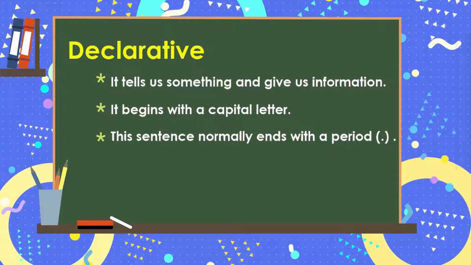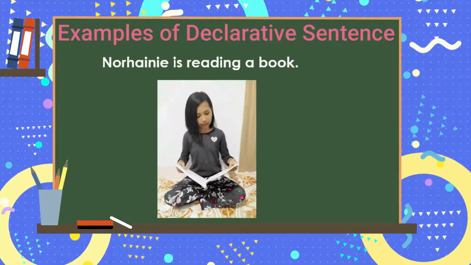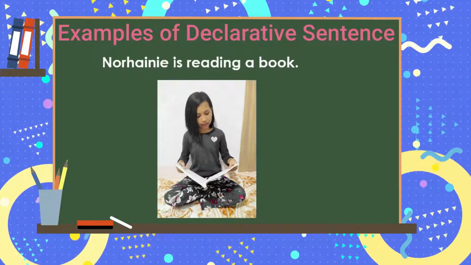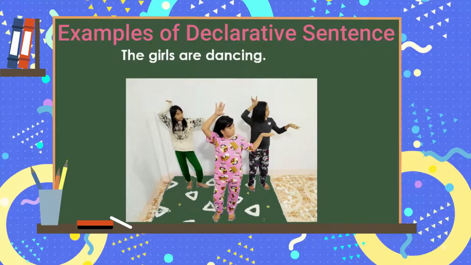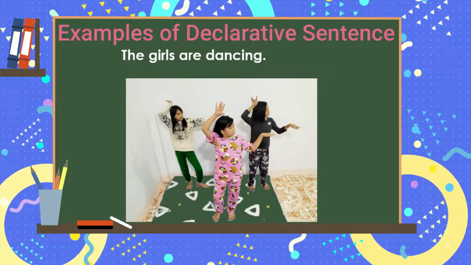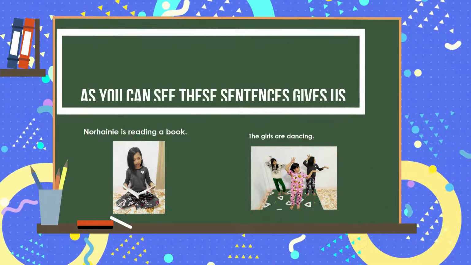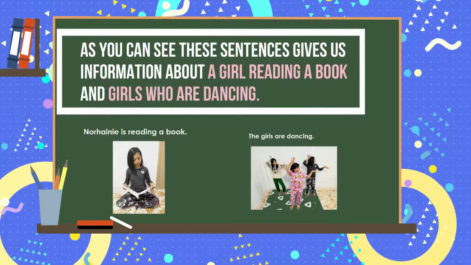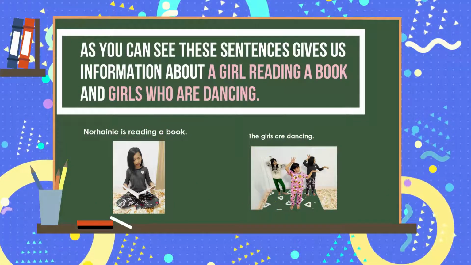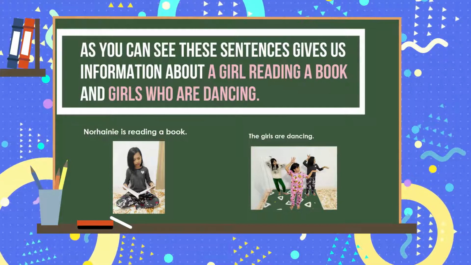For example, Narhaini is reading a book. The girls are dancing. As you can see, these sentences give us information about a girl reading a book and girls who are dancing.